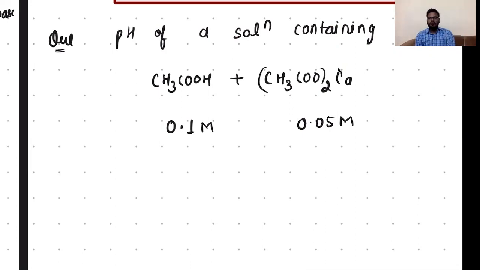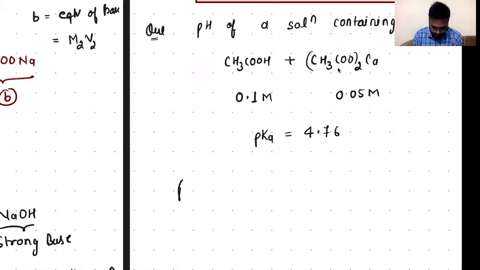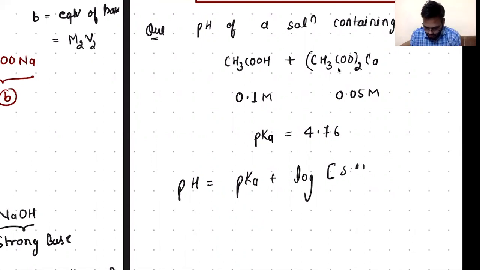The molarity of both the electrolytes is given. Also, the Ka or pK of CH3COOH is also given, let's say it is 4.76. Apply the formula. So pH will be equal to pK plus log of salt upon the concentration of acid. The concentration of acid is 0.1.